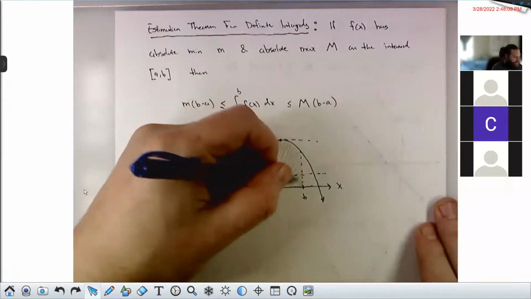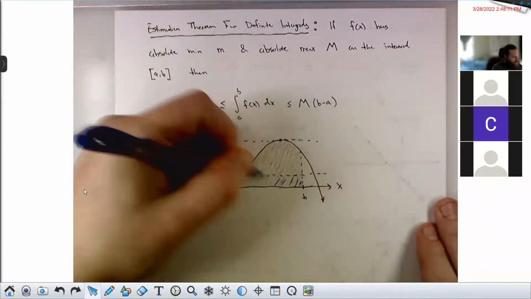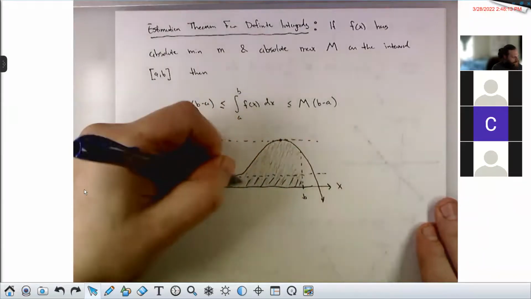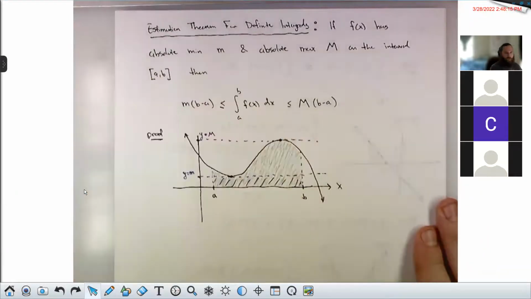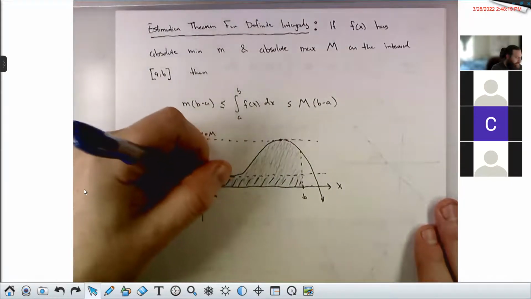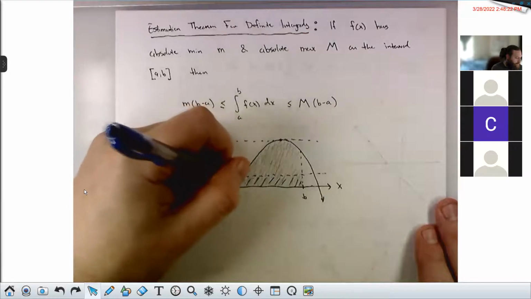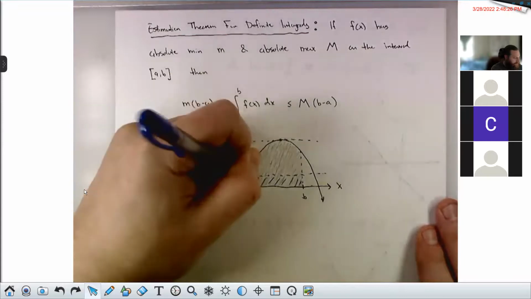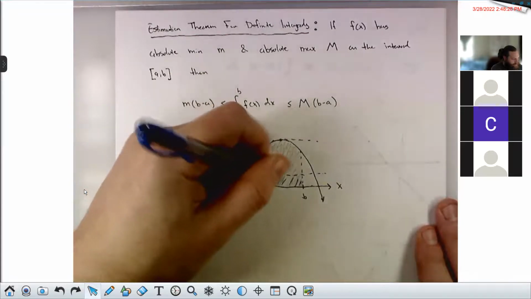I think we would all agree that the blue area down here is necessarily smaller than the pencil area, because it fits inside the pencil area.